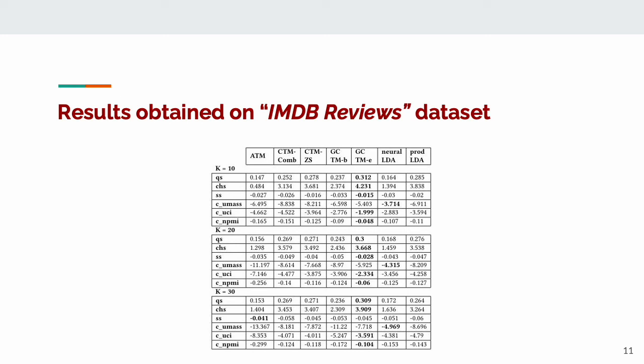While in this slide you can observe the results computed on the International Movie Database Reviews dataset. Also in this case, GCTM with embedding optimization seems to have the better results.